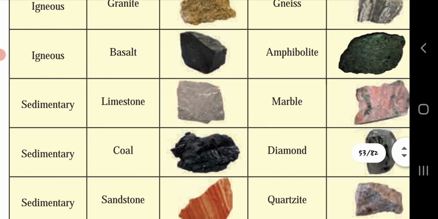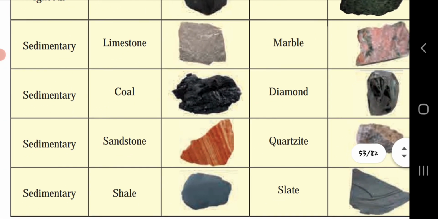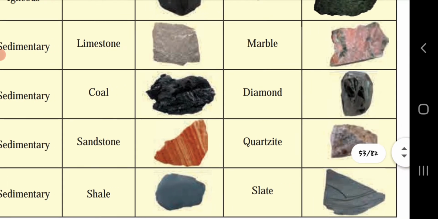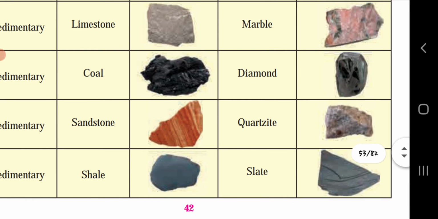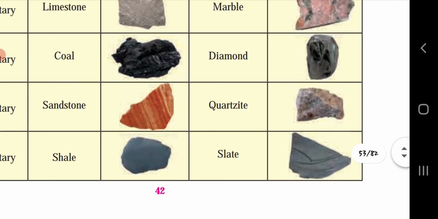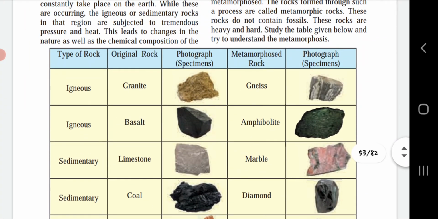Next, sedimentary rock, coal. Diamond. Sedimentary sandstone. Here you can see the picture. Quartzite. Here you can see the picture. Sedimentary shale and the slate. So these all are the metamorphosed rocks.